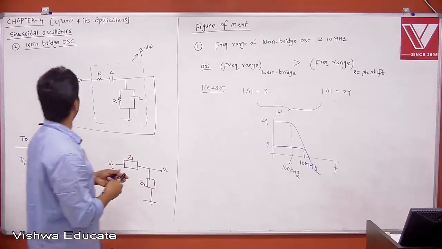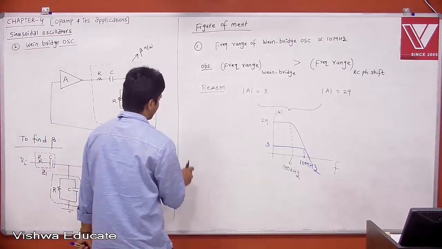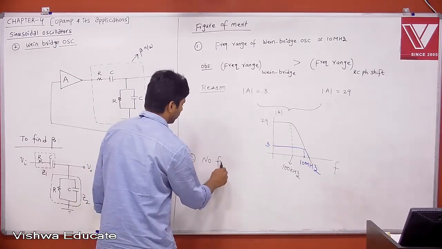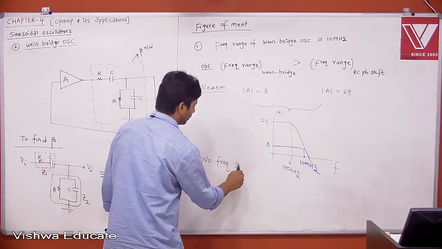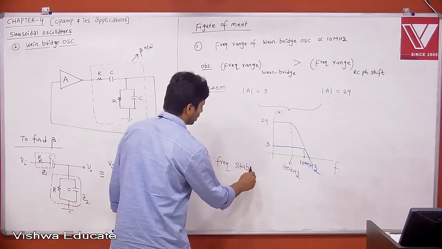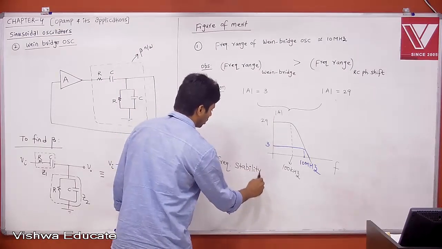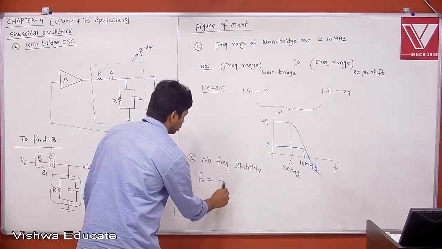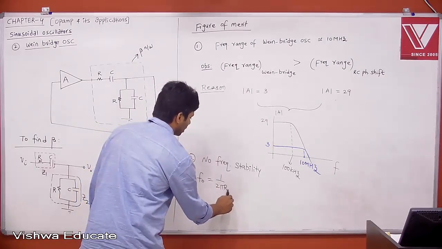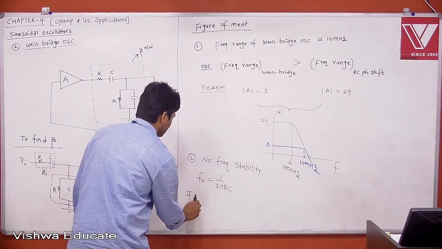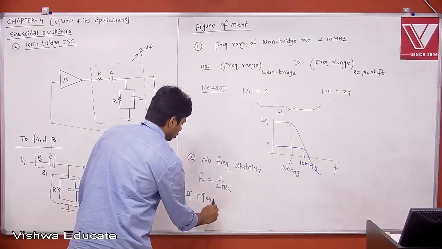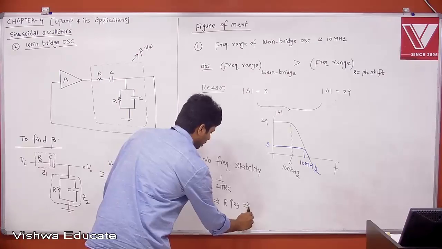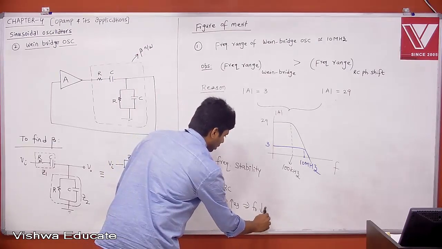But before going to the third oscillator, in the second one there is still no frequency stability. Why is there no frequency stability? Since f0 is equal to 1 by 2 pi RC, if temperature changes, surely your R will change, then your f0 decreases.